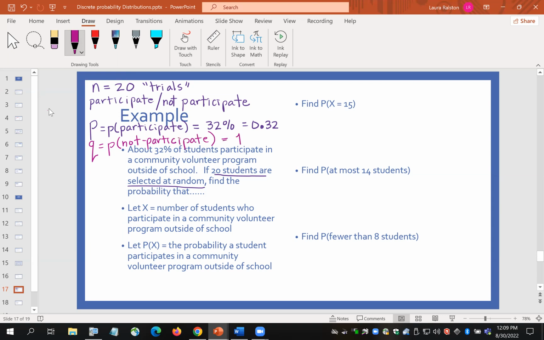And that would be 1 minus p, or 1 minus 32%. So is that 68%? Okay, so the probability that they don't participate is 68%.